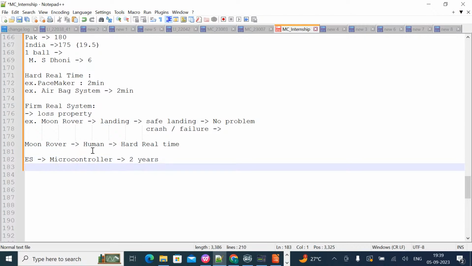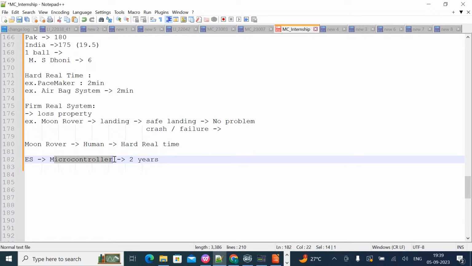Now, for every microcontroller, whoever the manufacturer is, please go to that manufacturer's website and check their EOL, end of life. Every chip's end of life is mentioned. So when the production of that particular IC, that particular chip, is going to end, it is mentioned.